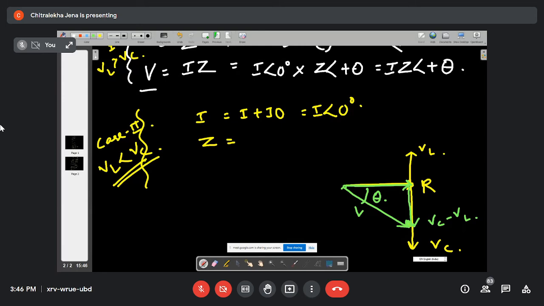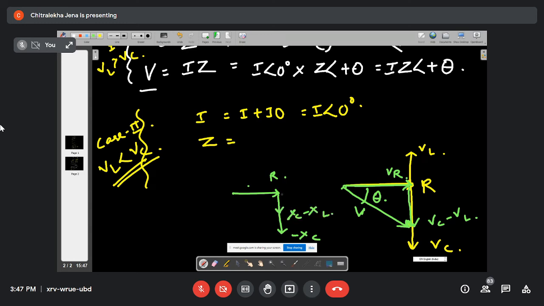Any questions? Okay, very good. So here this is your voltage triangle. Similarly, how will I draw the impedance triangle? This one is R, this one is XC, this one is XC minus XL.